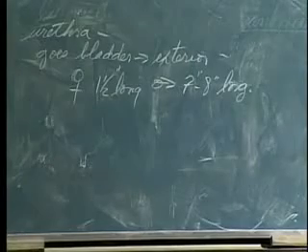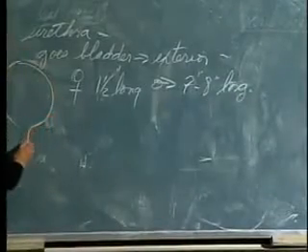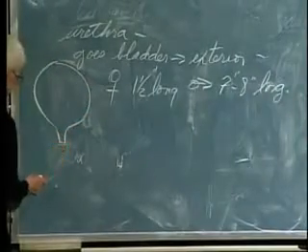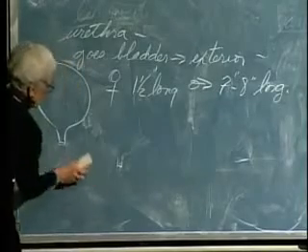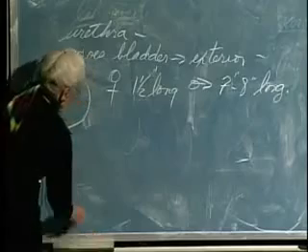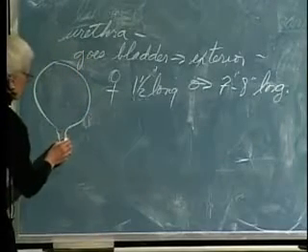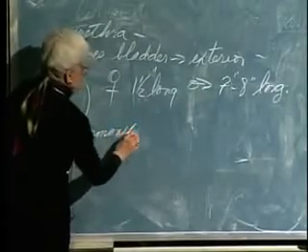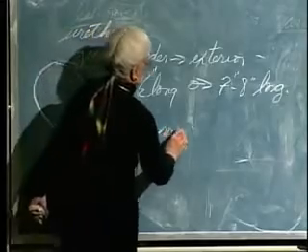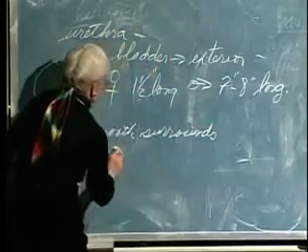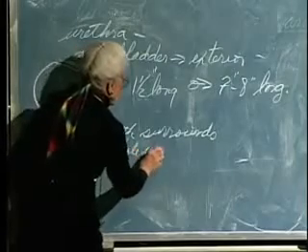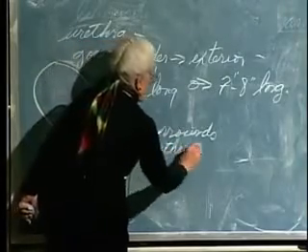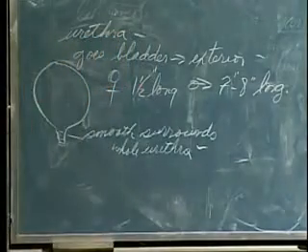Let's take the female first. Her whole urethra is surrounded with smooth muscle. So it's called the internal sphincter.